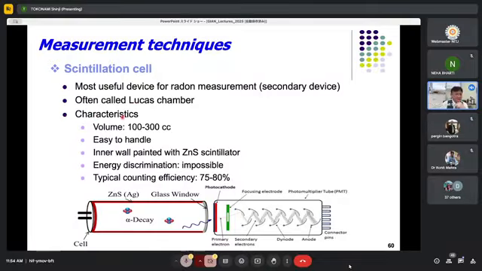As their characteristics, the inner volume is 100 to 300 milliliter, easy to handle, and the inner wall is painted with zinc sulfide scintillator. But energy discrimination is not possible. The typical counting efficiency is estimated to be 75 to 80%.